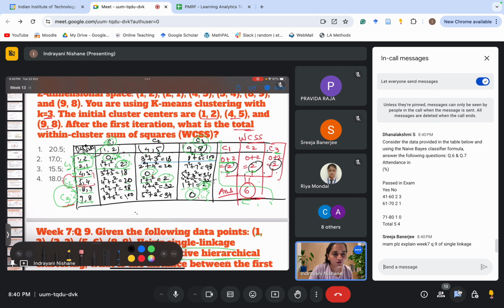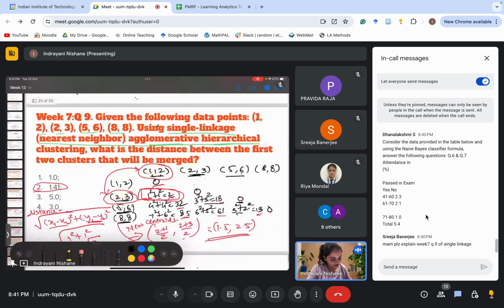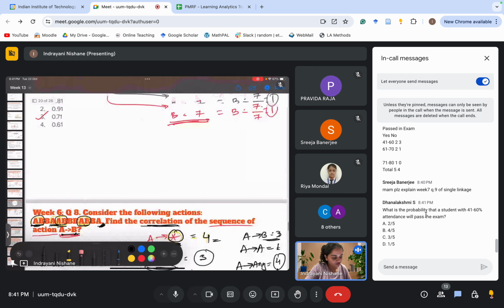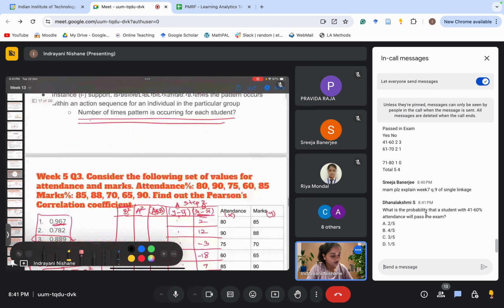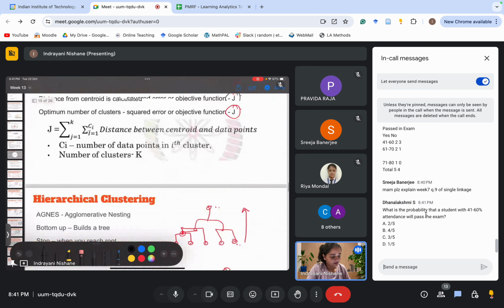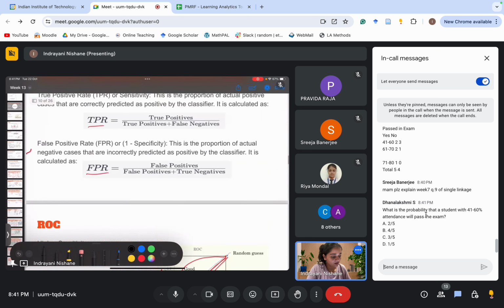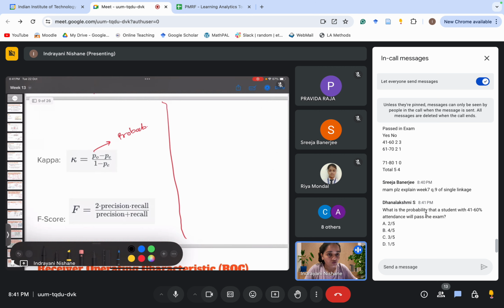So this was the data which you had given. Yes and no. The biggest hint I can give for the naive Bayes classifier is to come up with a table where you write down how many occur in each case.